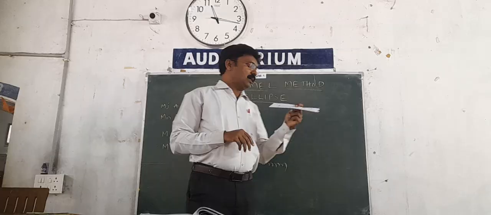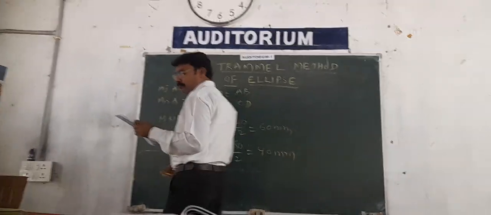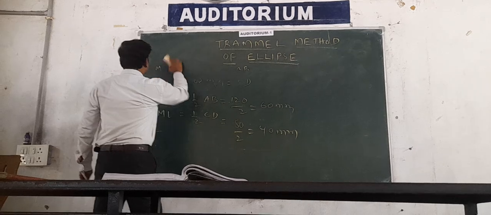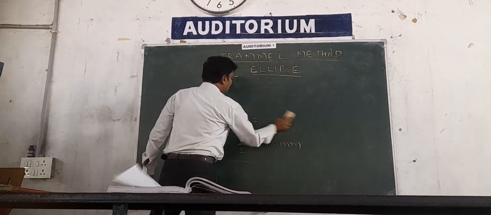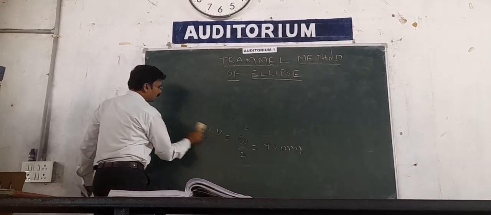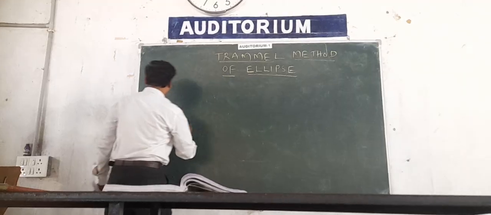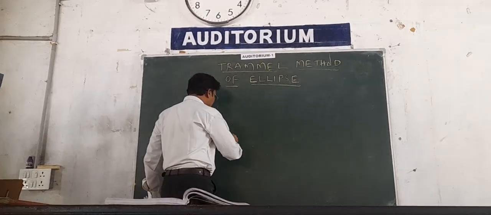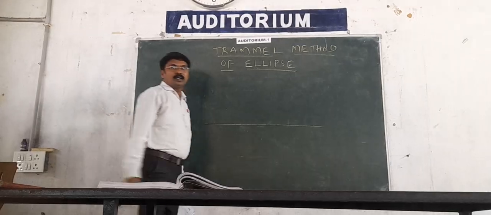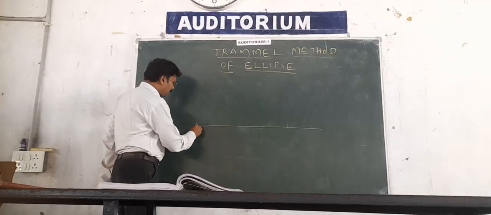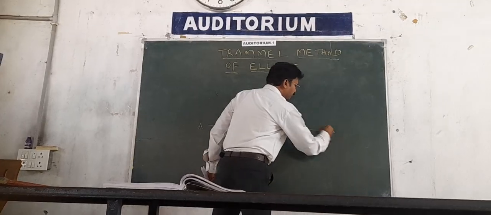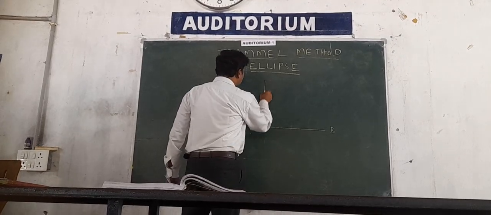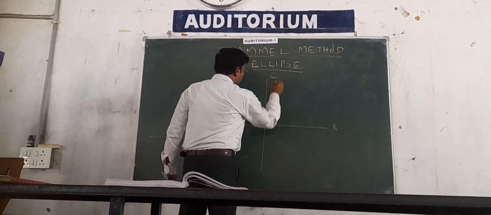Now let us draw the major axis. This Fresnel method is very interesting. Carefully listen to me. Draw the major axis, it is A, B. Also draw the minor axis with the midpoint.